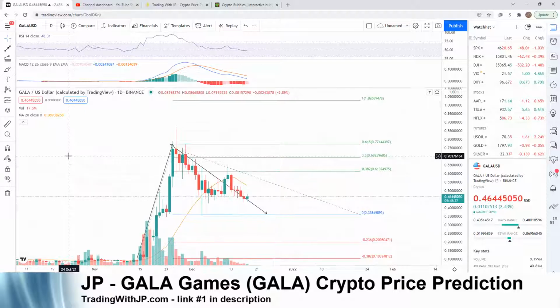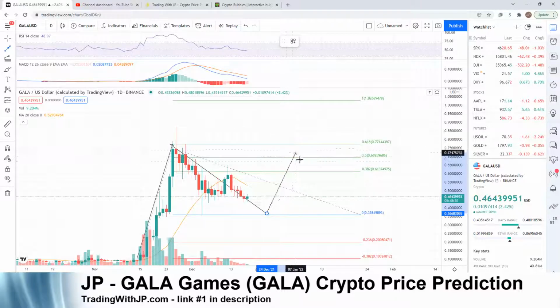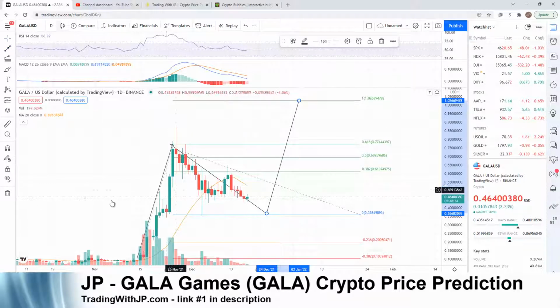If that were the floor, we would have to go through these different resistance levels. But ultimately, let's say we had 100% of the previous run, we could be looking at $1.02 or so.